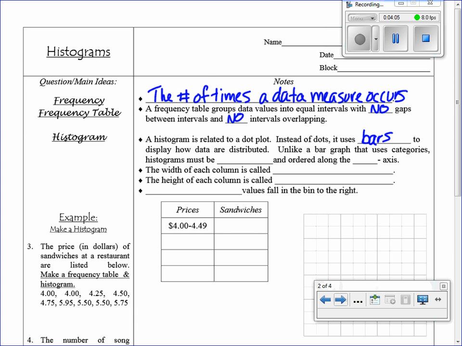Unlike a bar graph that uses categories, histograms must be intervals and ordered along the x-axis. The width of each column is called an interval. The height of each column is the occurrence.